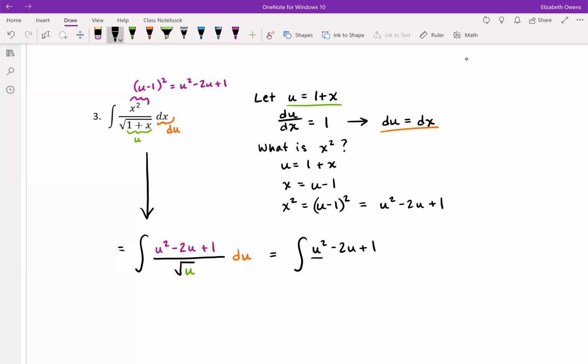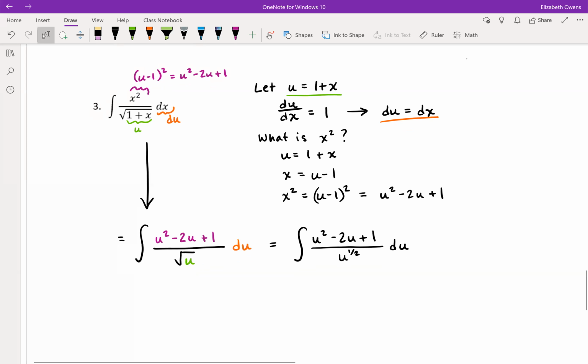We usually do. And so that would be u to the 1/2 in the denominator times du. And then we can approach this with a little bit of division, a little bit of simplification here. So let's divide all our terms in the numerator by u to the 1/2. Split it all up.